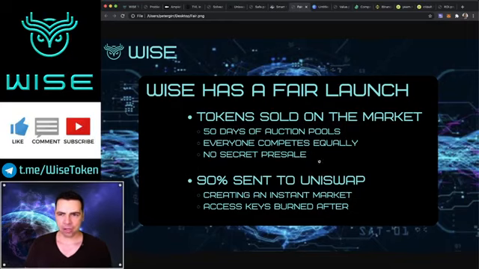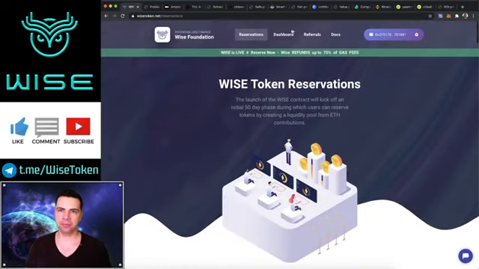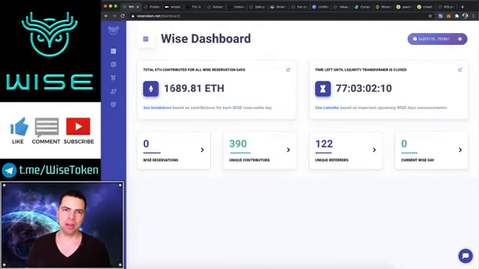The second thing about our launch is that 90% of the money is actually sent to Uniswap. So if we go back here, all this Ethereum is being sent. If we look at the dashboard right now, there's 1,689 Ethereum. So that's more than $600,000 that is being sent in total. And so the question is, where does this money actually go?